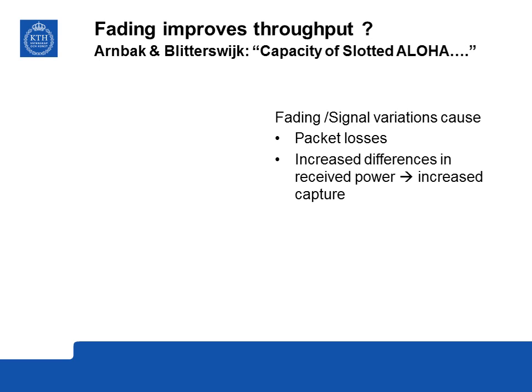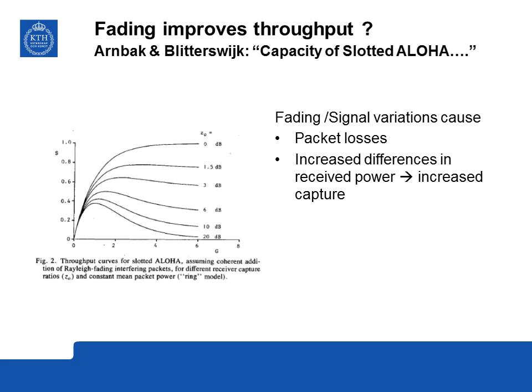But at the same time, signal variations also increase the differences in received power between different stations, which means that the probability of capture increases. So the interesting question is which of the phenomena is actually dominating. And in the paper by Arnbach and Blitterswijk, they found in most situations the second phenomenon dominates.